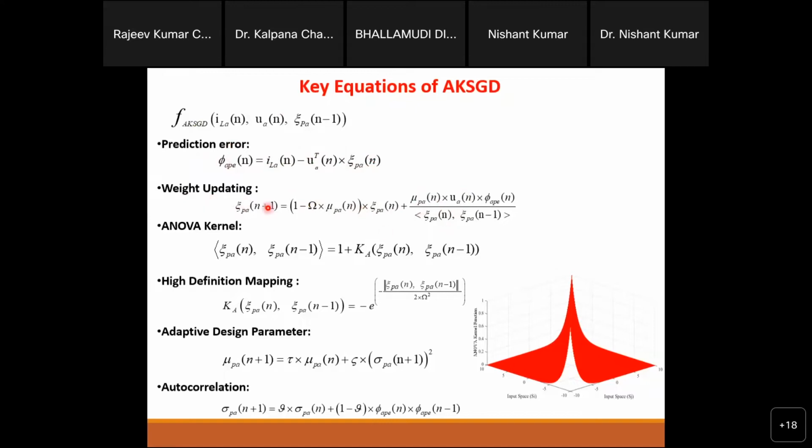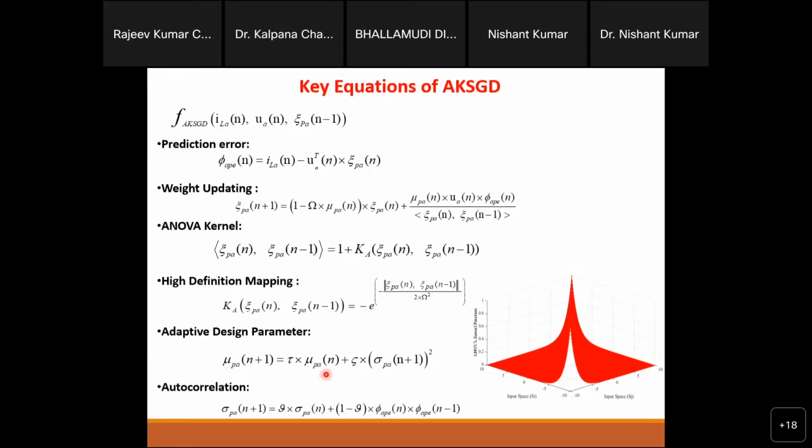But this update here uses the ANOVA kernel trick, and this ANOVA kernel trick is based on these errors, so that in this high dimensional mapping we will also predict the error for the next step. In this calculation we will use the autocorrelations between all those errors and adaptive design parameters for the next step.